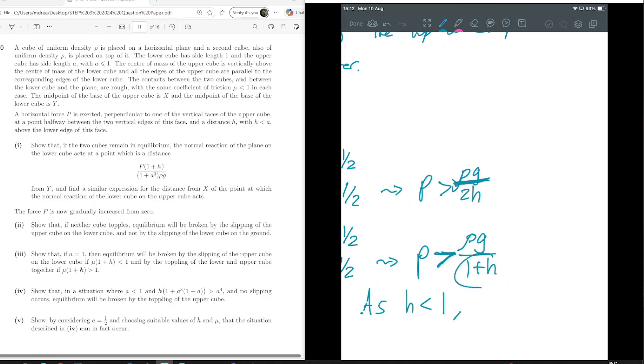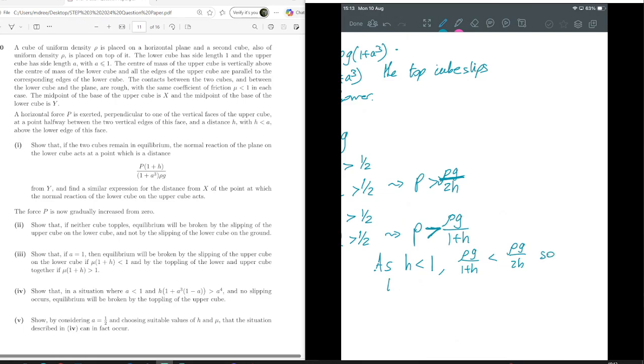That means that it's divided by a smaller thing here. So which one of these happens first? Sorry, no, the other way around. This thing is smaller, so that fraction is bigger. So as H is less than 1, this rho G over 1 plus H is smaller.